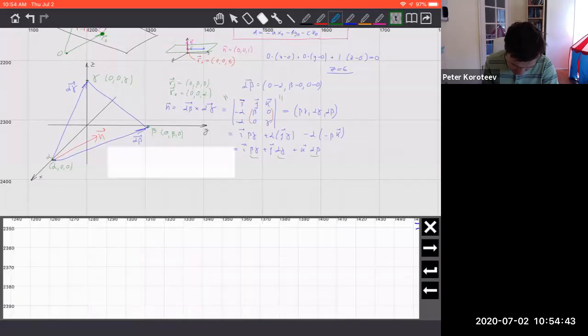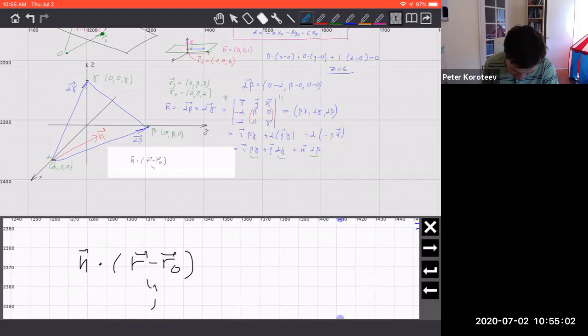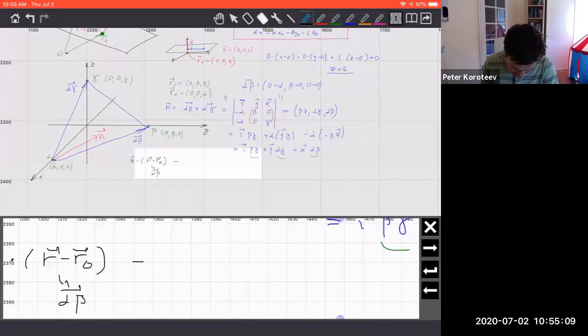So the equation of the plane would look like n dot R minus R0, which in this case will be exactly this vector alpha beta, right? Which is here is alpha beta, is equal to 0.